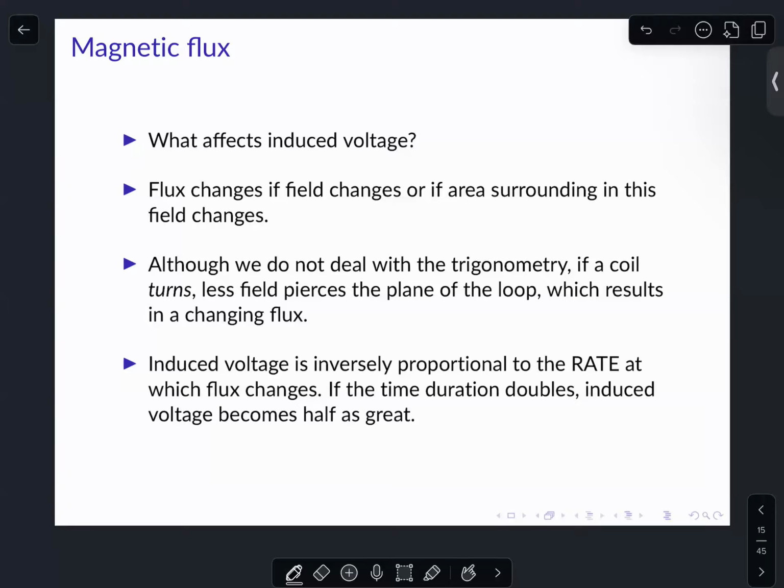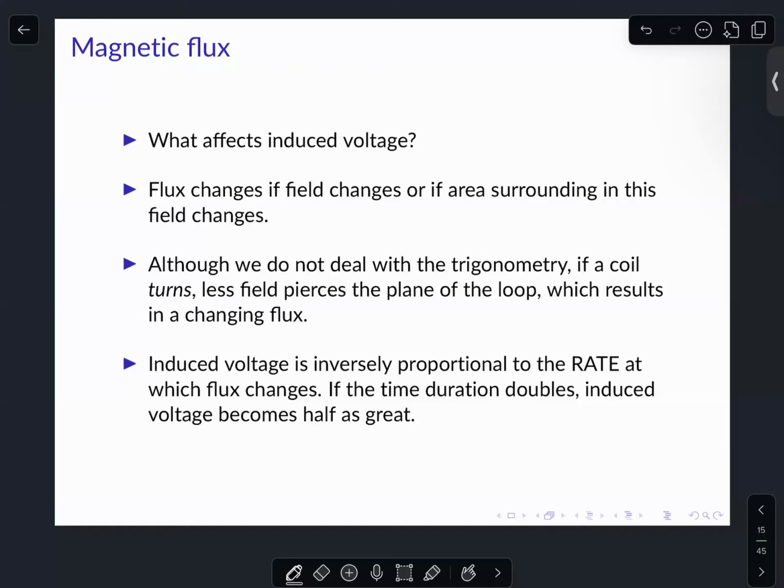Here's the magic of this. We deduced this law from one phenomenon, but this applies to 3 different things in real life. We're not using trig in this class whenever I can avoid it. With waves, we'll have to, but I have cut the trig as far to the bone as I can. But you will be tested on the idea that if the angle between the field and the area changes, that also changes B, because less of the B is going into that area.